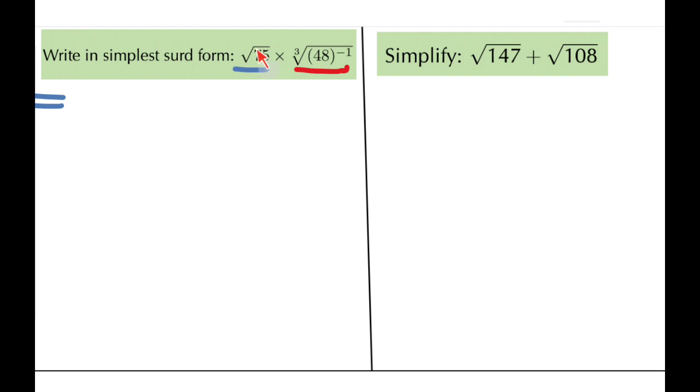Now break this 75 up like you did with the 50 into a product of a perfect square with another number. The perfect square I can think of here is 25, so divide 75 by 25 and that gives you 25 times 3.